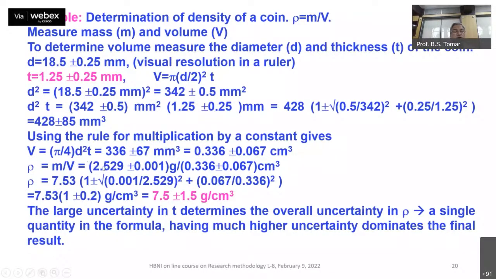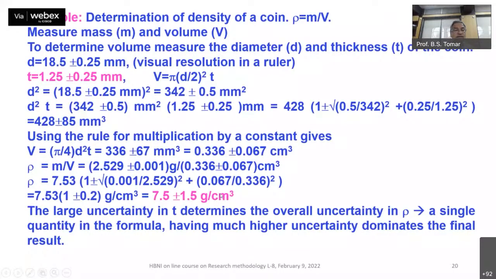And mass you have determined, let us say 2.529 plus minus 0.001 gram. So you have density rho, mass upon volume. It becomes 7.53. Again, you propagate the errors on mass upon volume, and so you get the final result 7.5 plus minus 1.5 gram per centimeter cubed.